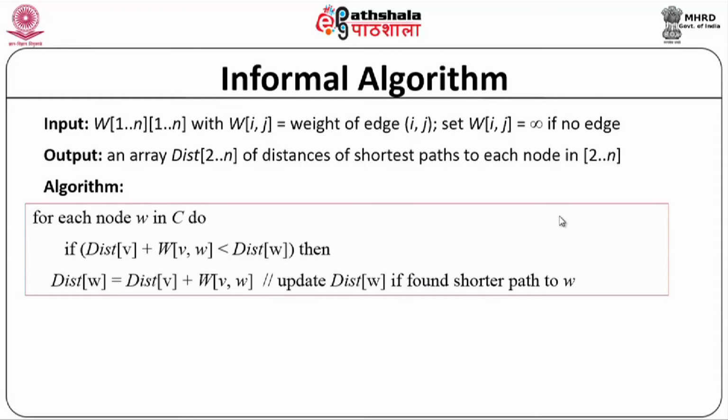This is called relaxation: for every node W in C, if the distance plus the weight entry between V and W is less than the distance of W, that is, if the distance is shorter, then we update it in the matrix.